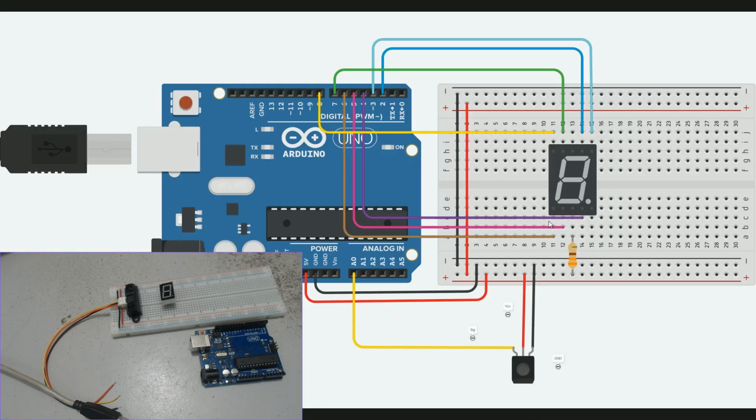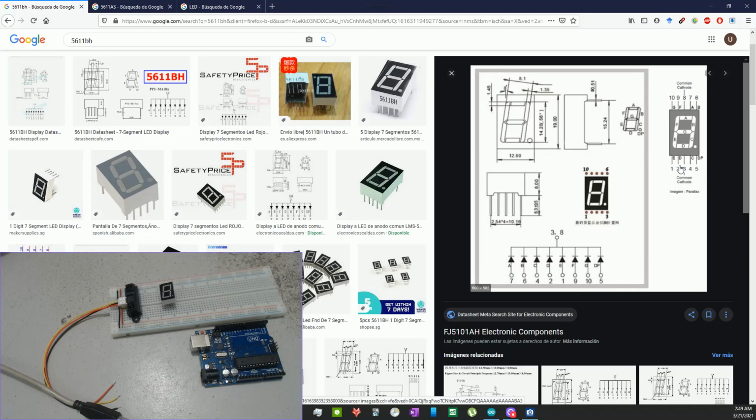So my port number 6 on my Arduino card is going to control pin number 1, that is this LED. Then port number 5 controls this. If you want to check the circuit again, port number 2 is for D, this one.